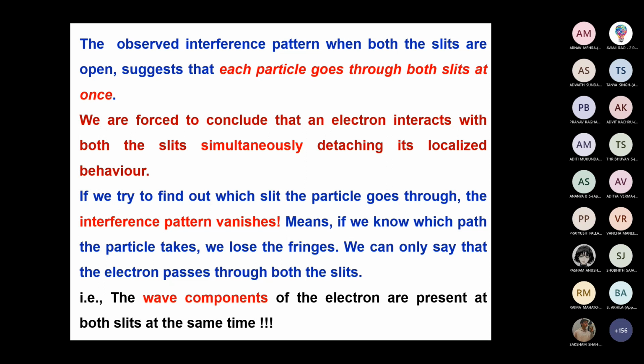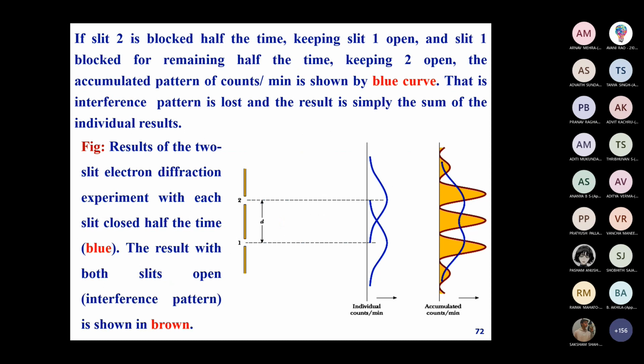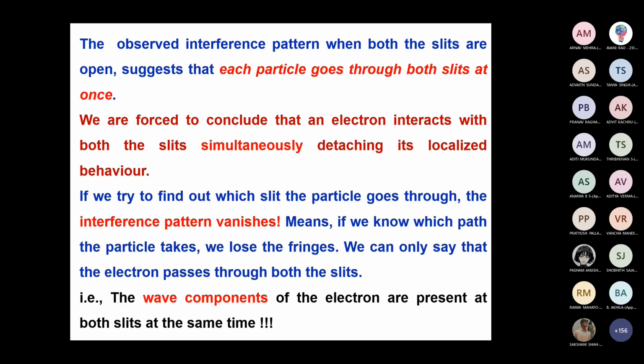Excuse me, sir. Can you go back to when you said how an observer can collapse the wave nature? Right here, the last slide. See, by looking at the experiment, if you are getting an interference pattern, then we have no other option left but to conclude that the electrons were present at both the slits, right?